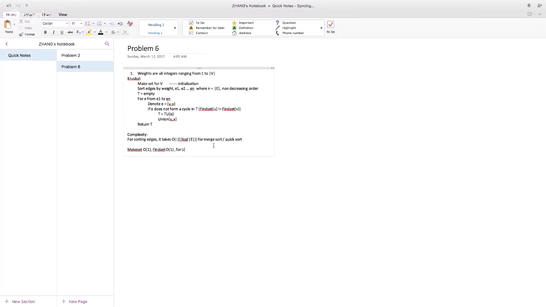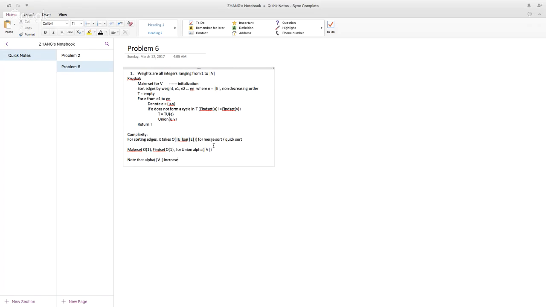But for union set, it's alpha V. Note that alpha V increases very slowly.